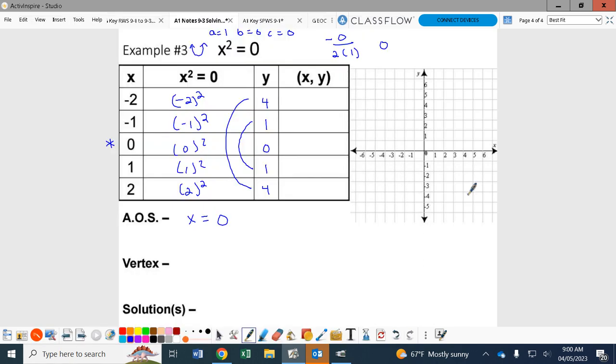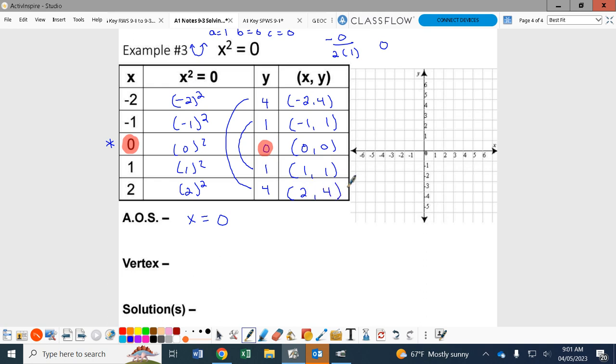You see you got 0 right here. So this is going to be your solution. We'll look at it in the graph in a minute too, but just showing you in the table. So let's go ahead and put our ordered pairs. -2, 4, -1, 1, 0, 0, 1, 1, 2, 4.